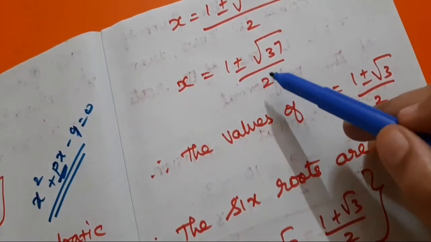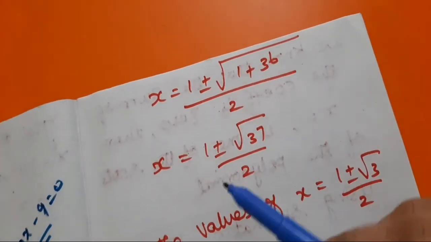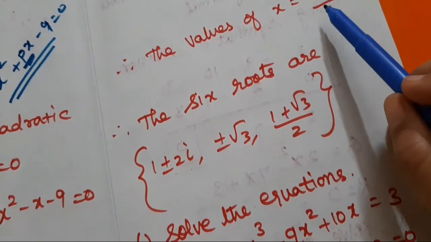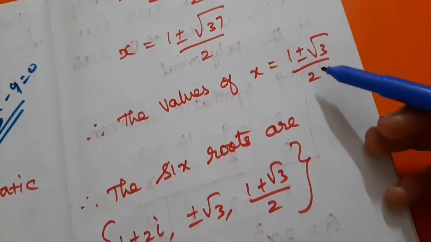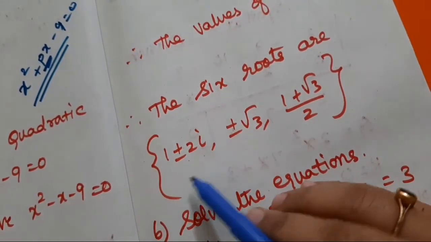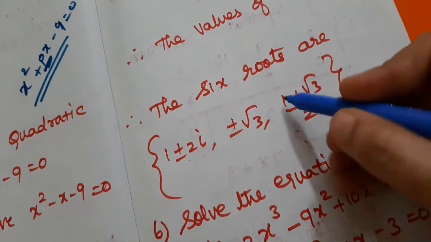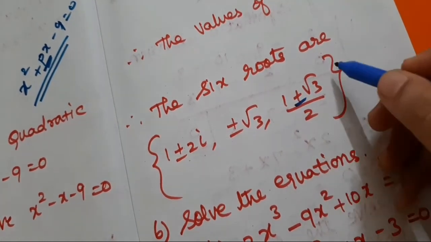That is 1 plus or minus square root of 37 by 2. 36 plus 1 is 37. So the values of x are 1 plus or minus root 37 by 2. Therefore, the 6 roots will be 1 plus or minus root 37 by 2, and plus or minus root 3.